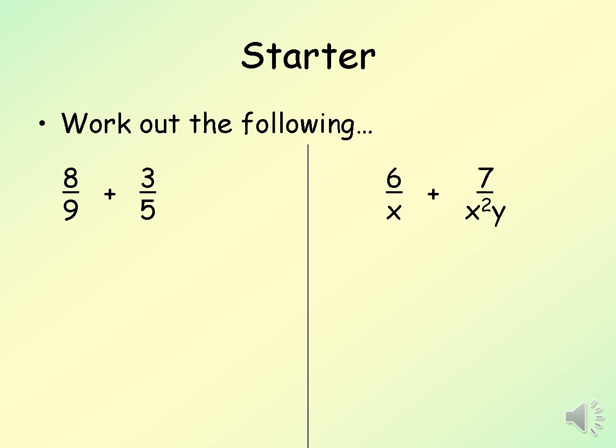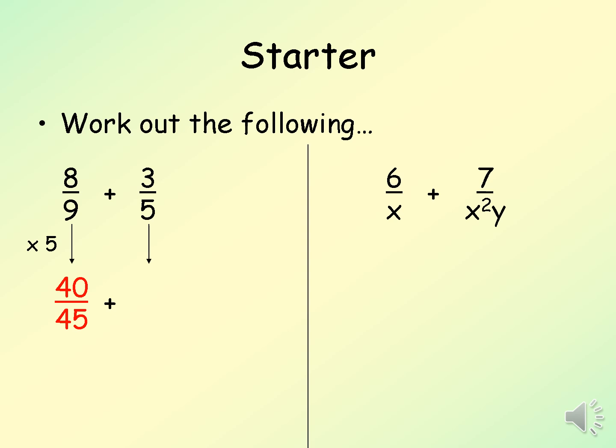Okay, so looking at the left hand side first, we have a 9 and 5 as the denominators. Therefore, the common denominator, the number that both will go into, is 45. We need to multiply the 9 by 5 to get 45, and we must do the same to the top, so 8 times 5 is 40.